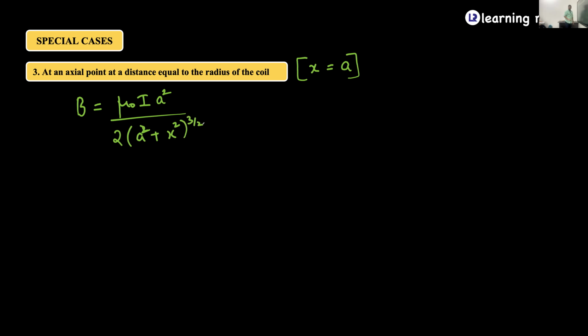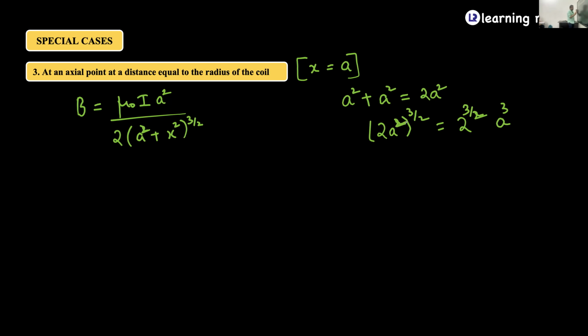When you put x is equal to a here, you have a square plus a square, which is 2a square. So what is 2a square the whole power 3 by 2? It is 2 power 3 by 2 into a power 3.